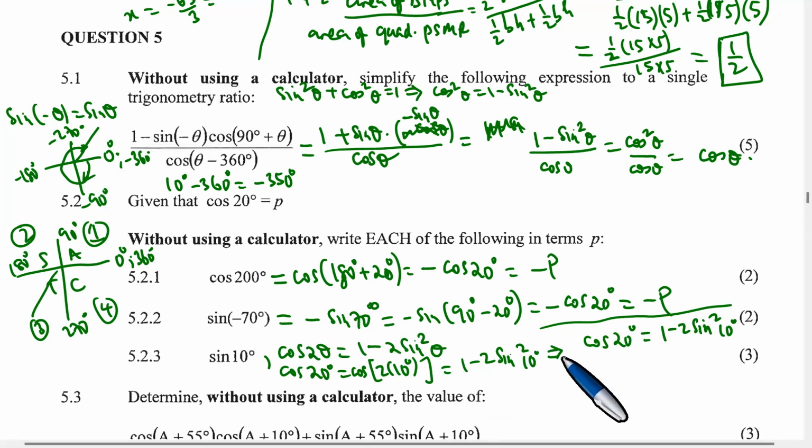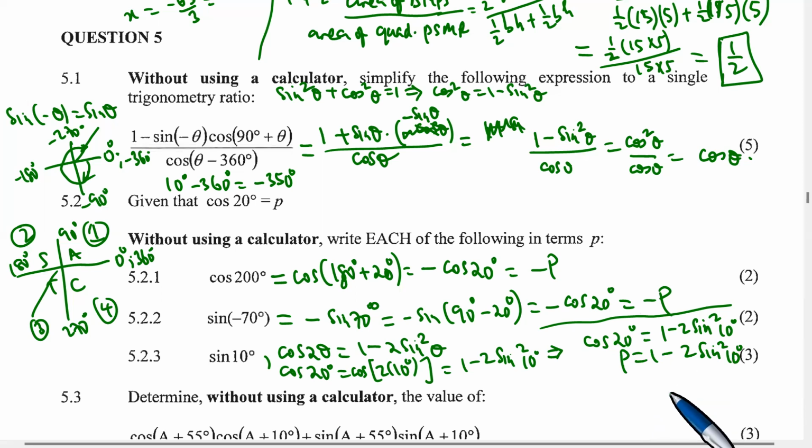Right, so you have cosine 20, which is 1 minus that. So what is cosine 20? It's P, which is 1 minus 2 sine squared 10 degrees. So we continue. Then we have this one here.